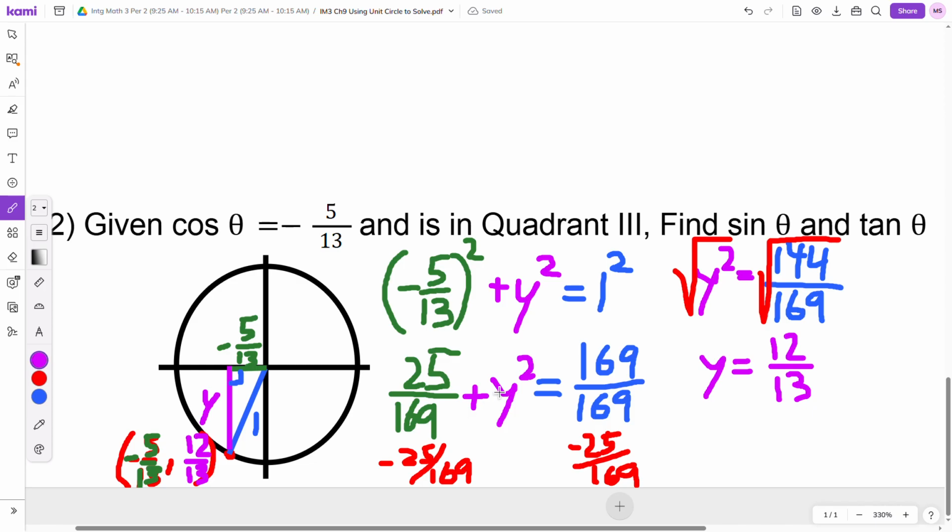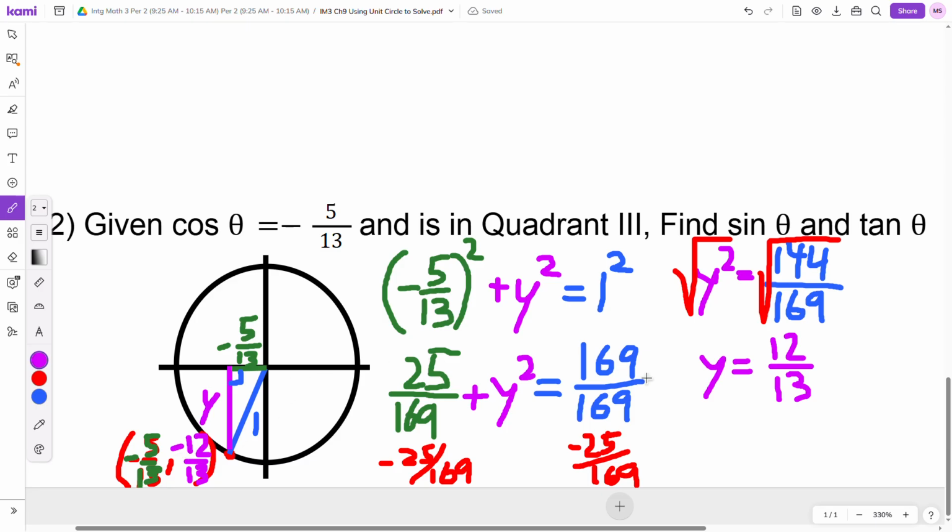Except that we have a slight problem. Does anyone recognize the problem? Is 12 over 13 the answer? It cannot be, because it's not negative. The coordinate, the red dot there on the bottom, is in quadrant number 3. And in that quadrant, both cosine and sine must be negative, so this must be negative.